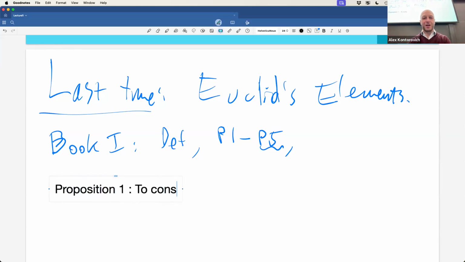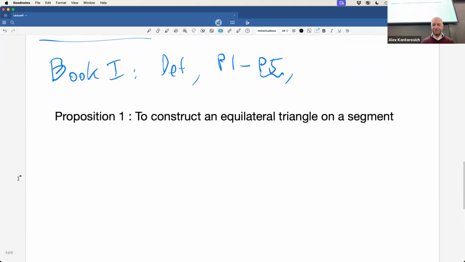Proposition 1 is to construct an equilateral triangle on a segment. Did you have these two-column proofs in high school? You were subjected to that. Column 1 is the statement.